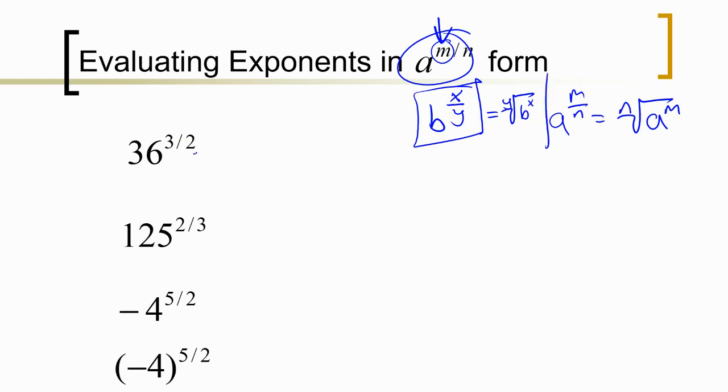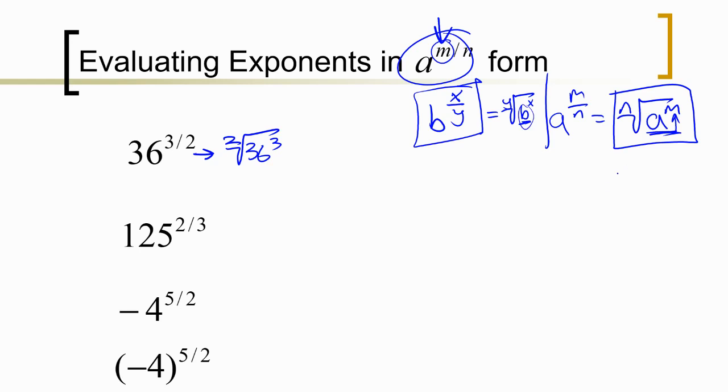The idea here is that this is the 2nd root of 36 to the 3rd power. And so there's 2 ways to do it. When you have the index rewritten, you can do the index before or after raising the base to that power. I said the word base because I like to see it as a b. It is a base, something being raised to a power.